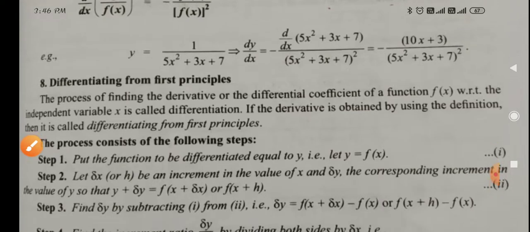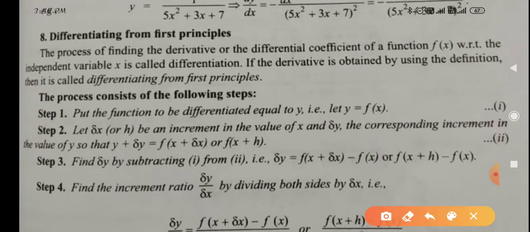Differentiation by first principle, very important, in class 11th you have studied. So one more time I am telling you, whatever function is given, how can you differentiate the given function by first principle? For that I am giving the answer: put the function to be differentiated equal to y equals f(x).